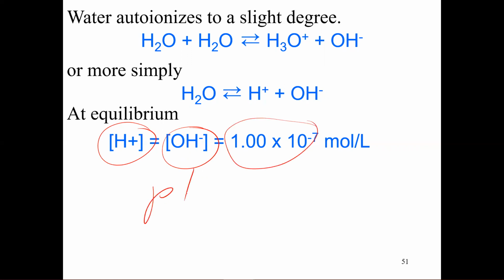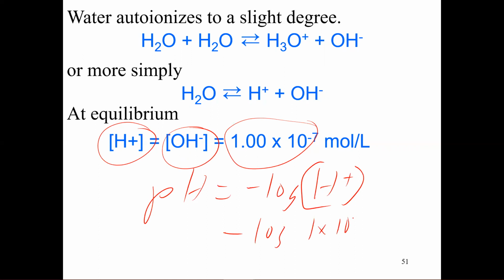So you have the pH is equal to the negative log of the hydrogen ion concentration, which is the negative log of 1 times 10 to the minus 7. That's where you have a pH of 7 under that condition. So that is called neutral under those conditions.